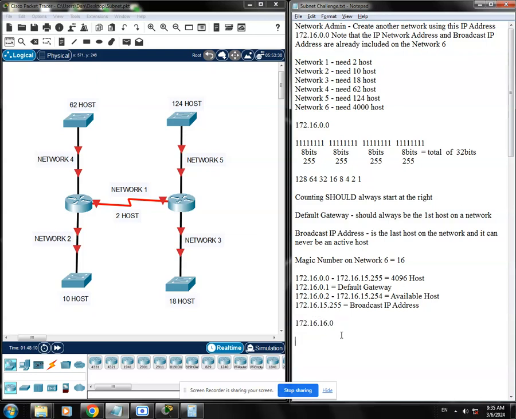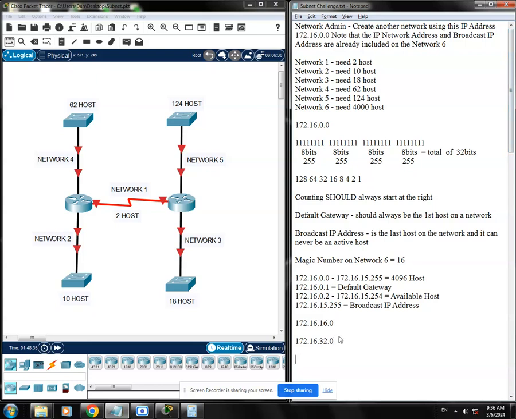If we want to create yet another network, 172.16.32.0. You notice that is the magic number: the network will increase by 16 if we want to create another, separate network.